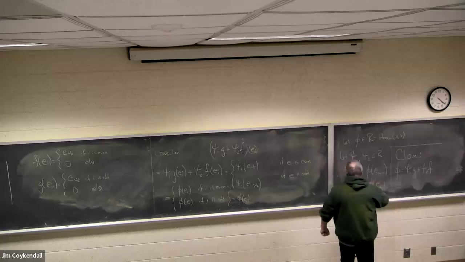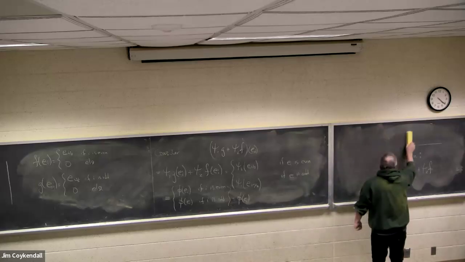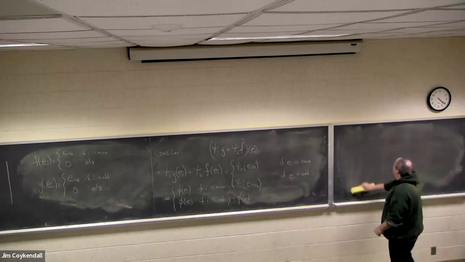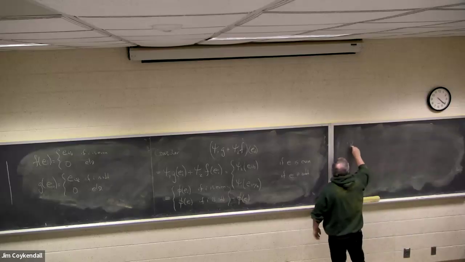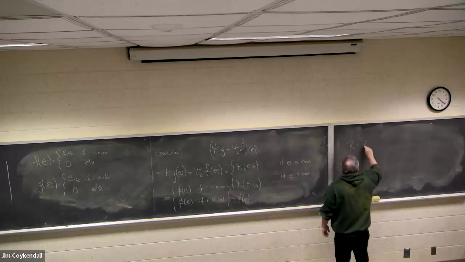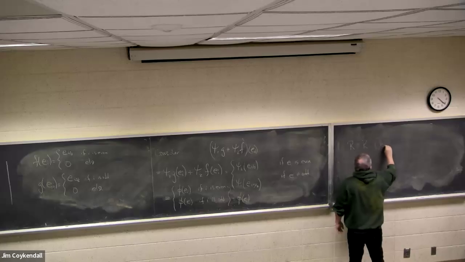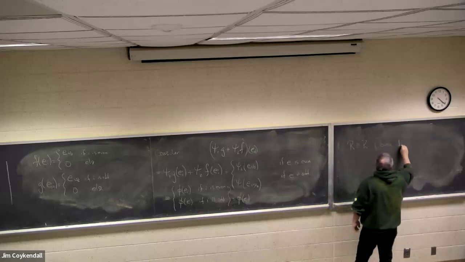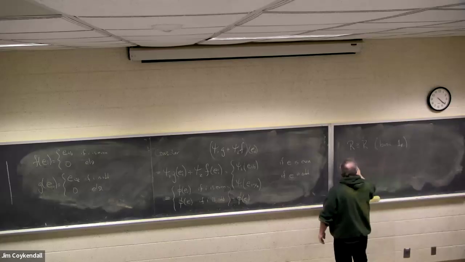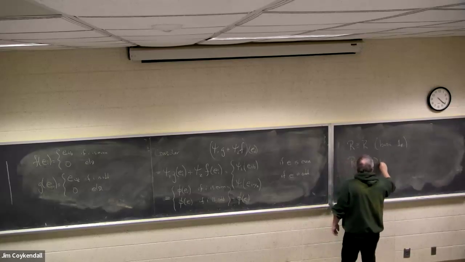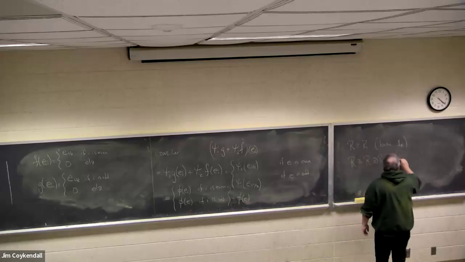Here's what we have, which is probably a little bit disturbing. R is isomorphic to R, no shock there. R is also isomorphic to the direct sum of R with itself.